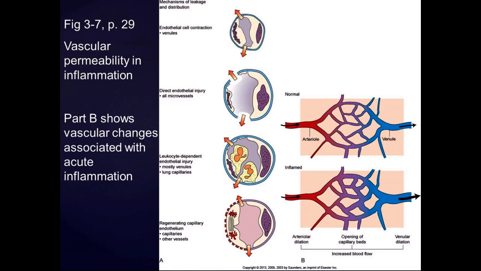So these are pictures from the book on page 29 in chapter 3, and they talk about how the capillary beds open and the vascular changes associated with acute inflammation. Of course, most of these vascular changes show us the signs that we see, the cardinal signs.